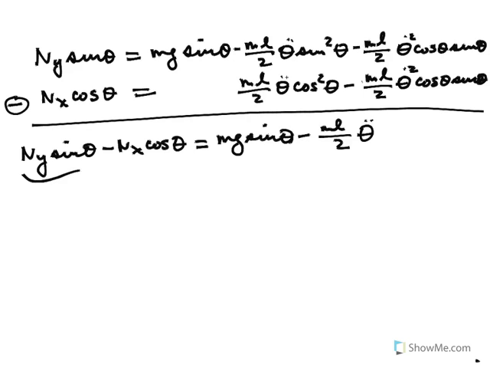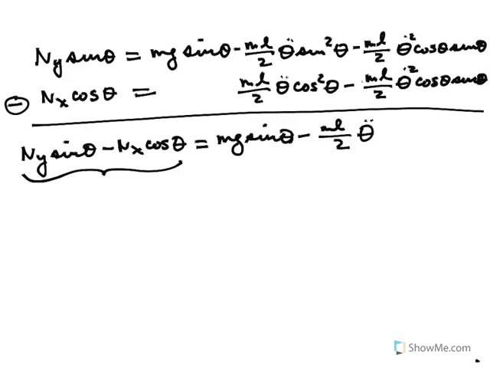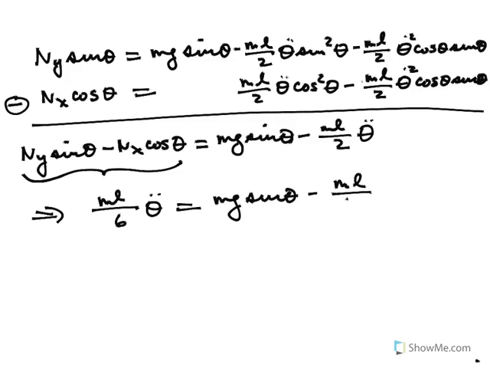Now this quantity right here, I had already solved for in this expression, which is ml over 6 theta double dot. So this gives me ml over 6 theta double dot is equal to mg sine theta minus ml over 2 theta double dot. Now, I've got ml over 6 and ml over 2. ml over 2 is 3 ml over 6. So if I add 3 ml over 6 to ml over 6, I get 4 ml over 6.